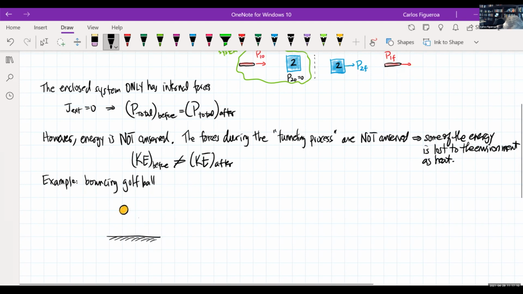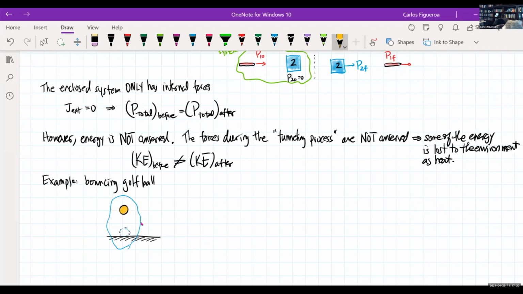What you're going to find is that if I make my system to be the floor and the golf ball, this golf ball is going to come all the way down here to the bottom.